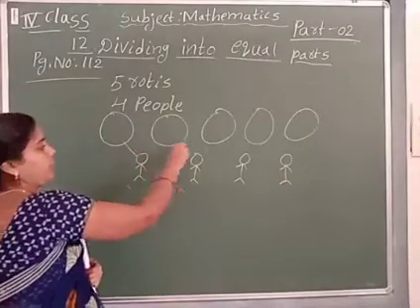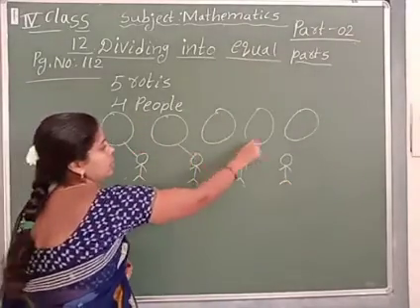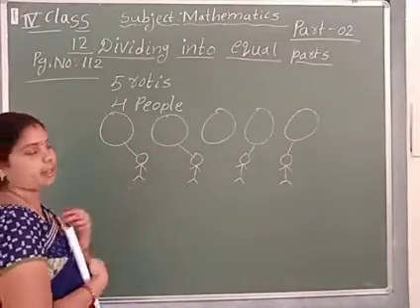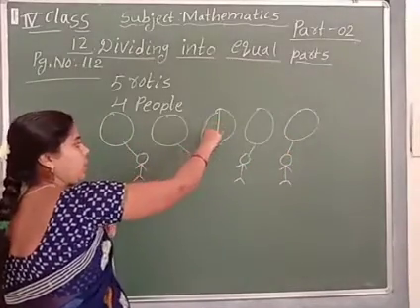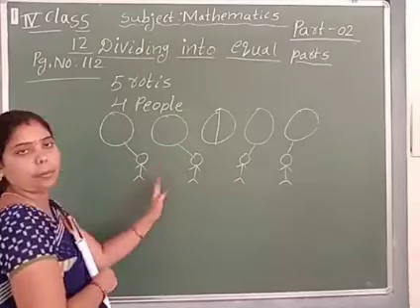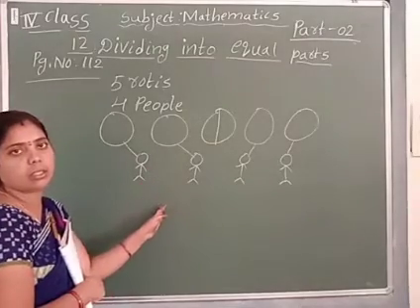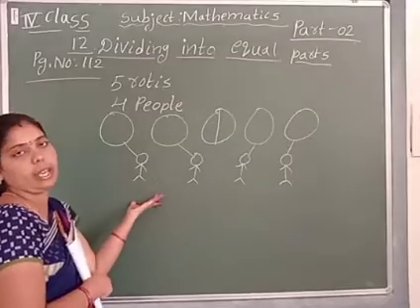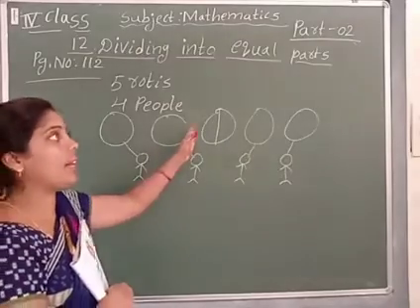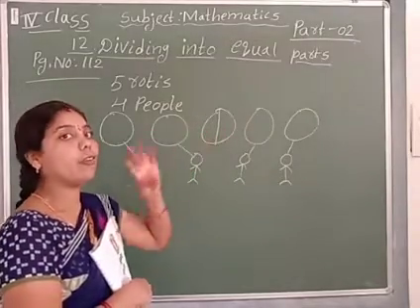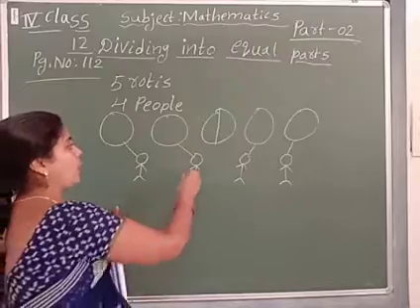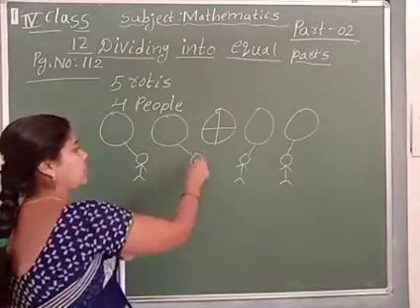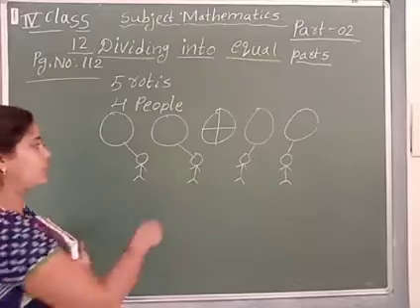Each one gets 1 first. So again one roti is remaining. Half part means 2 people, no. Before we were dividing into 2 equal parts, but here 4 people are there. So how many parts will we divide this roti into? 4 parts. Yes, 4 parts.